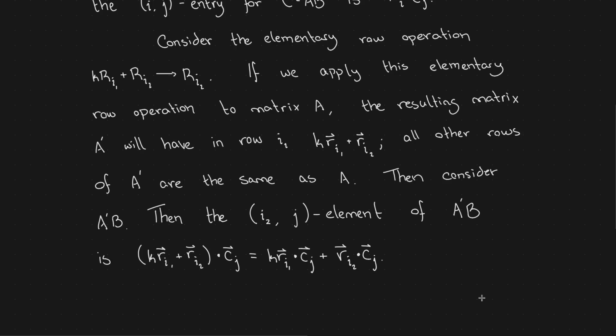All right. So that's the I sub 2 row of our product matrix A prime B. And here we applied the elementary row operation just to matrix A first to get A prime, and then we multiplied that by matrix B.